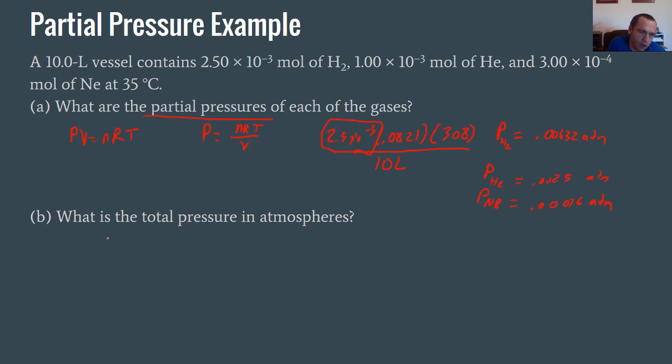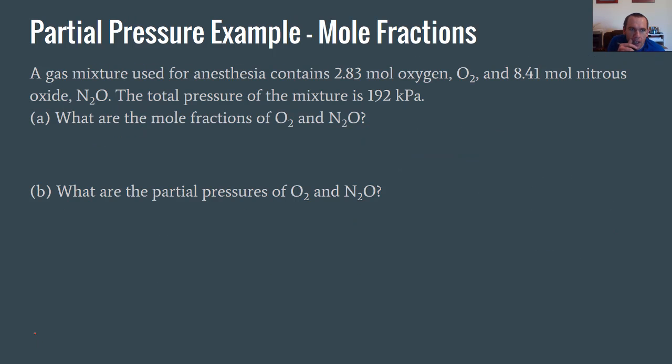And so then in part B, where it says what's the total pressure of all these things in atmospheres, all you have to do is sum up those three things, and when you do that, you get 0.00955 atmospheres. So partial pressures, pretty straightforward concept.